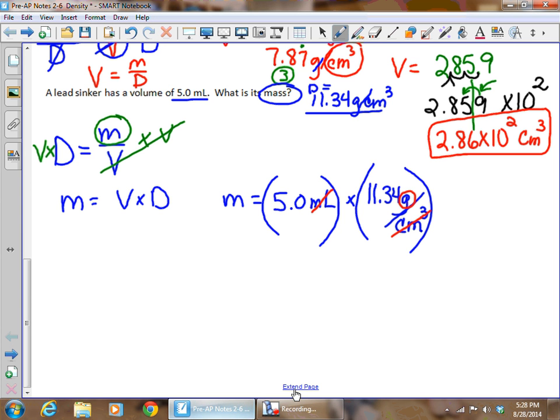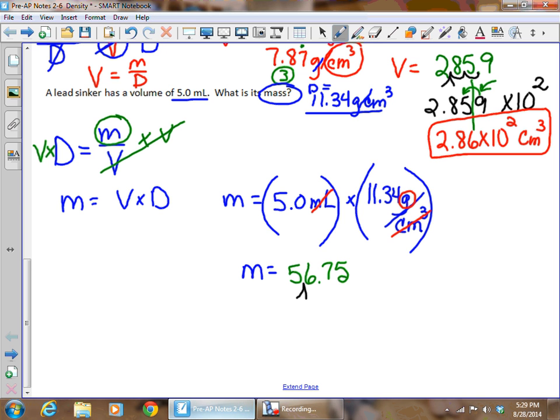And when I multiply these two numbers together, because they're side by side, I get that M is equal to 56.75. Putting that in USS form, units, sig figs, and scientific notation, let's do scientific notation first, which means I need to move the decimal to here.